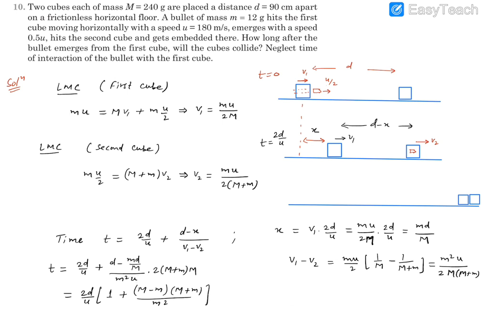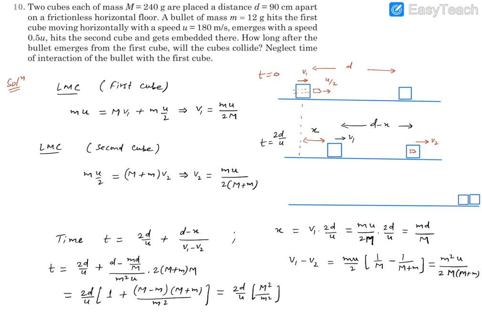Now if you look at upside, it's going to be capital M square minus small m square. So this simplifies to 2d by u times a bracket. Within that bracket, I can write directly capital M square minus small m square. Then when you add this with this, the small m square will get cancelled out. So it's going to be capital M square divided by small m square.